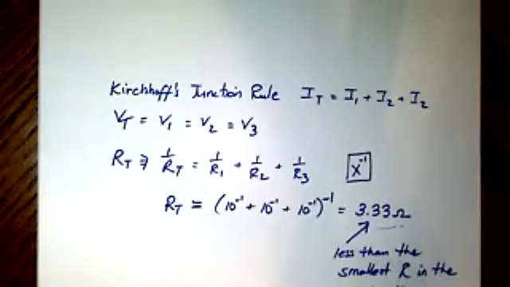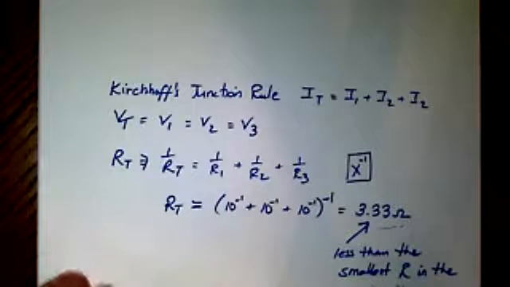Okay, so let's take a look at a little bit more complicated parallel circuit that is in your notes. Basically, it's the bottom question: 3 unequal resistors are connected in parallel across a 12-volt battery.